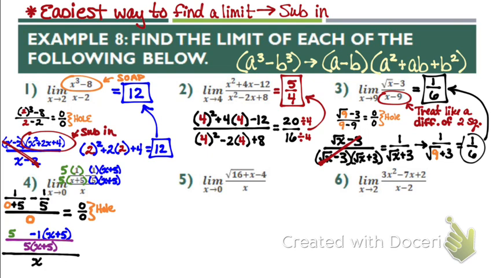So that's just 5. What do I still need to do to this, though? I need to distribute this negative 1. So I'm going to have 5 minus x minus 5 over 5 times x plus 5. I'm going to just write divided by x instead of continuing to have that big old fraction there.